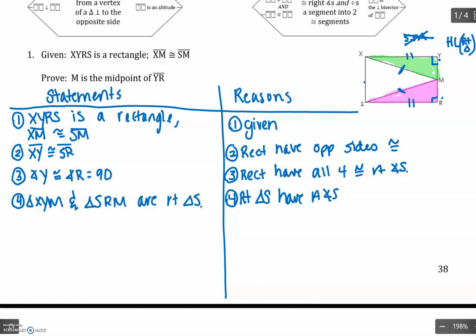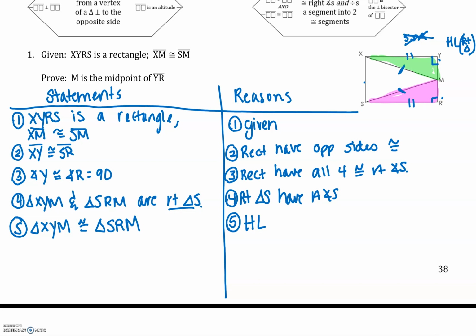Because if I don't say that, then I'm not allowed to use the special case of SSA, which is called HL, because you only have a hypotenuse and a leg if you have right triangles. And so now that I know I have right triangles, I know their hypotenuses are congruent from the given, and I know their legs are congruent because of the rectangle. I know they're congruent triangles.